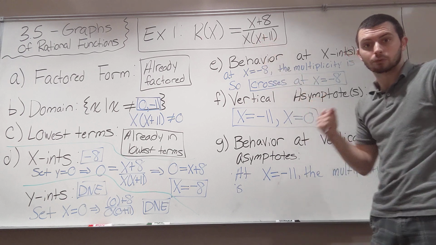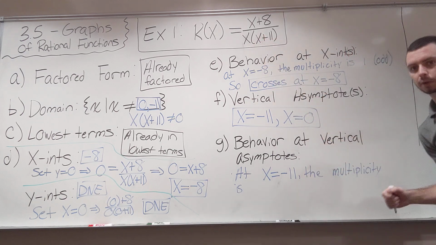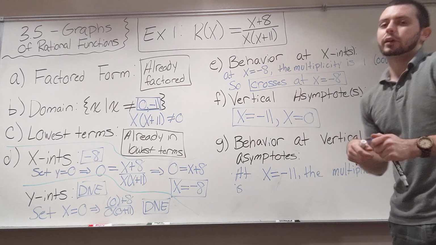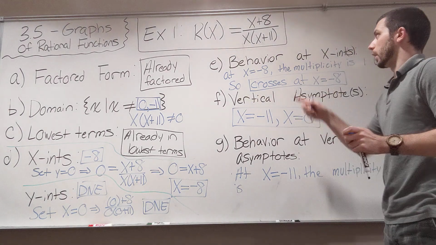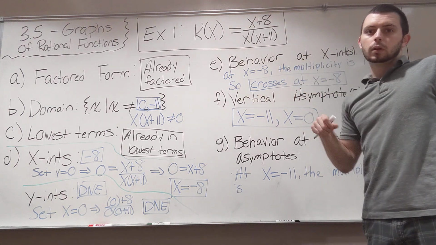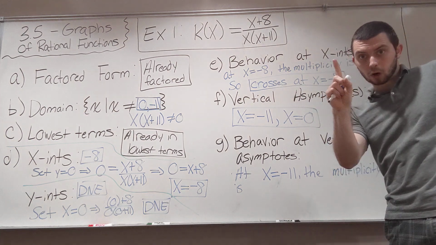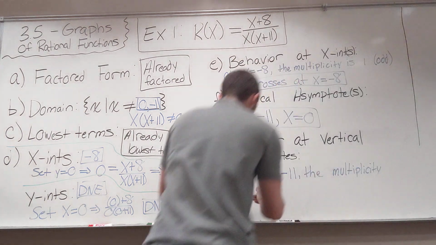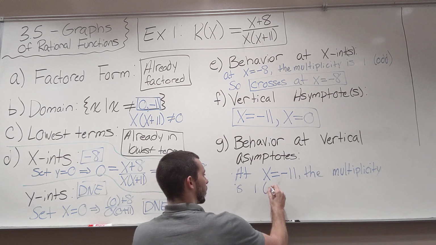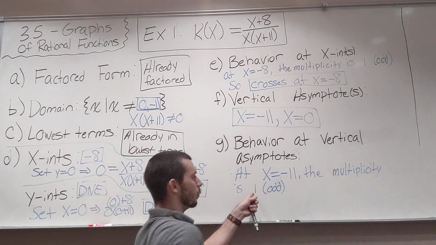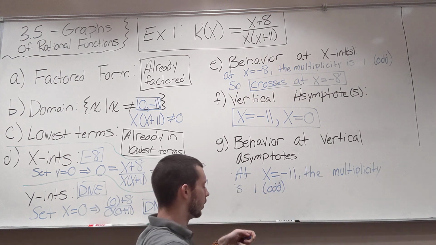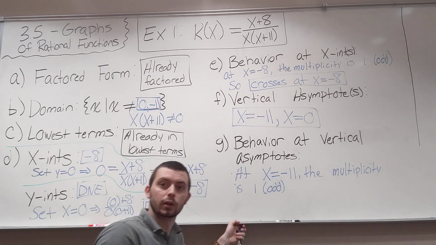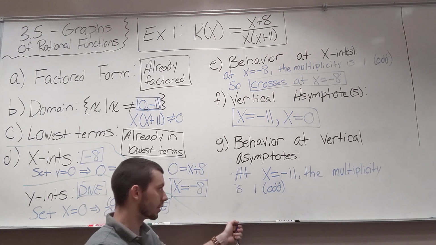That is the factor for which that number comes from. And we ask ourselves, what's the exponent of that? The exponent, or the multiplicity, is 1. So it's the same idea as before. And 1 is an odd number, which means we get a crossing interaction.